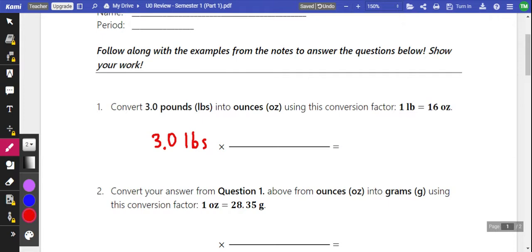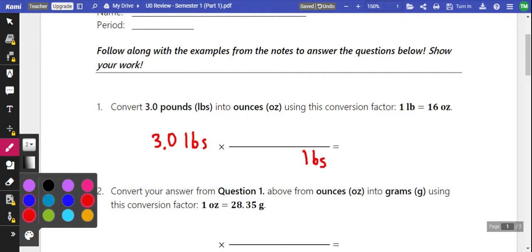Kind of like if you have 2 over 2 or x over x, it cancels out, right? So if I have pounds on top, in the numerator, and pounds on bottom, in the denominator, when I multiply this through, those two are going to end up canceling.